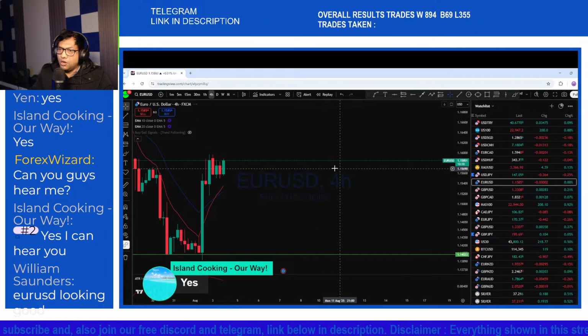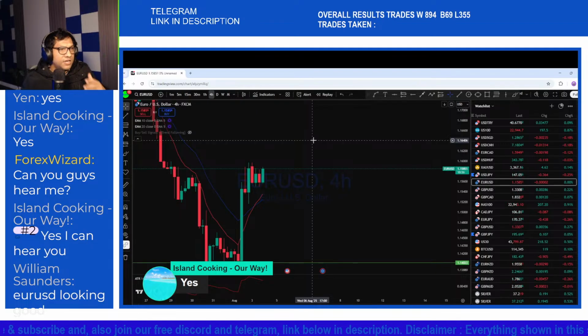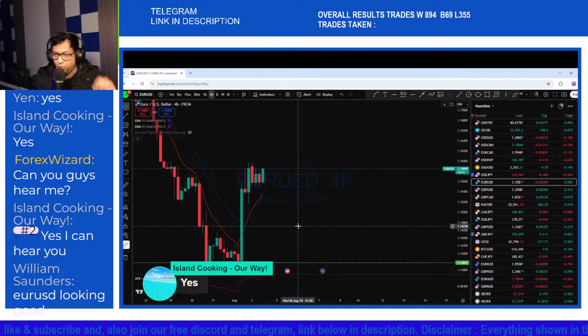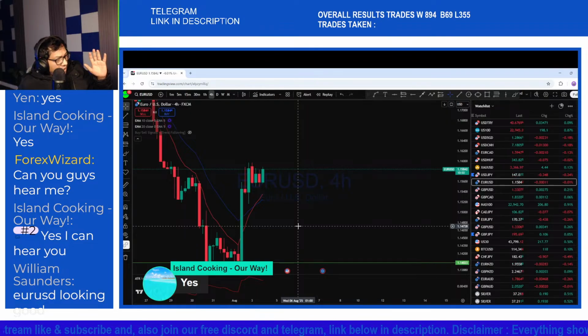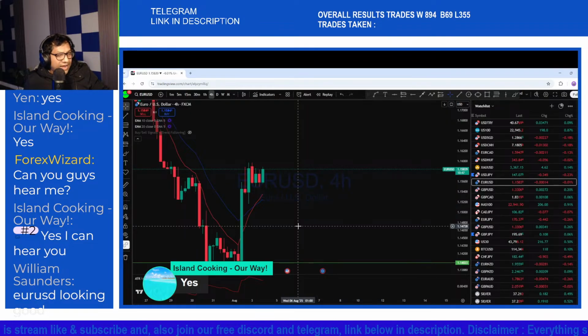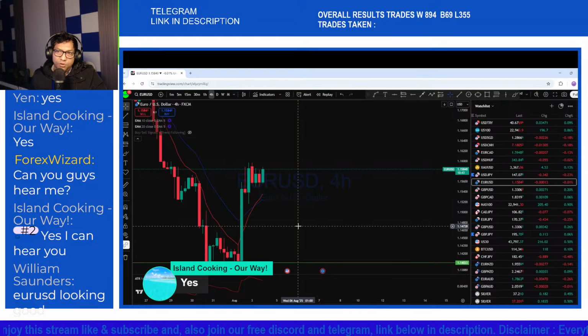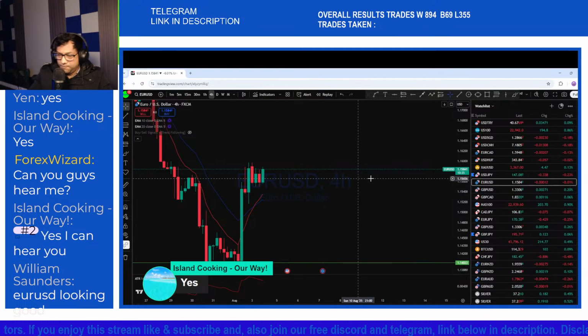On euro dollar, the market did not grab liquidity. This is what I always talk about. When we are looking for an entry, especially for a bigger move that we can expect in the market, we need to look for the liquidity gap.